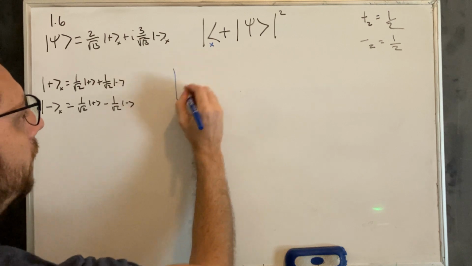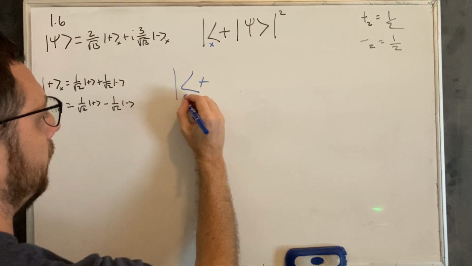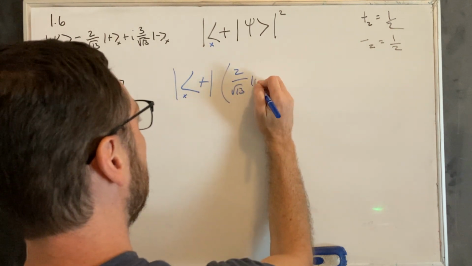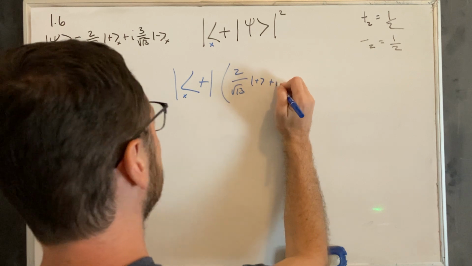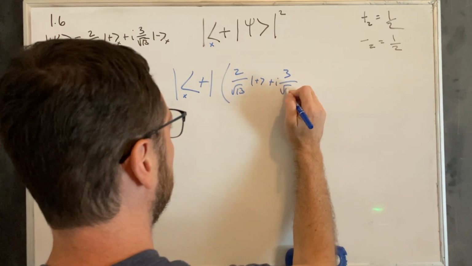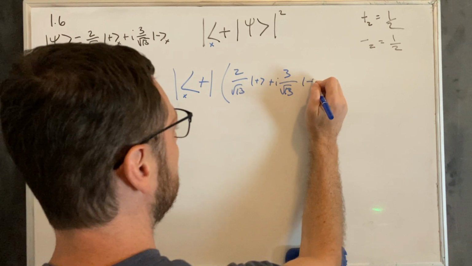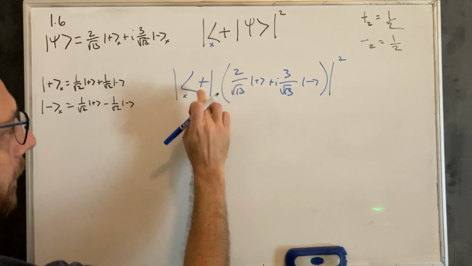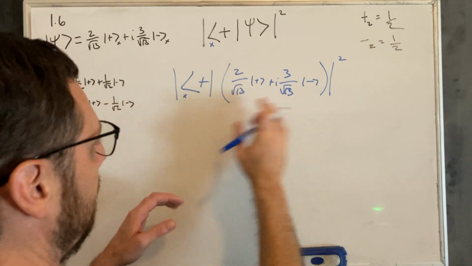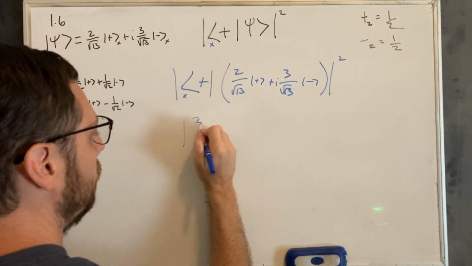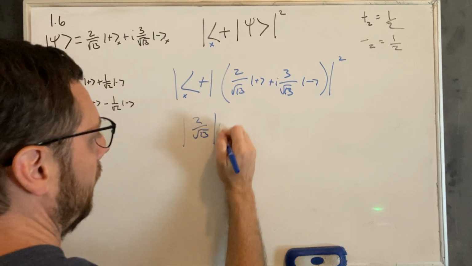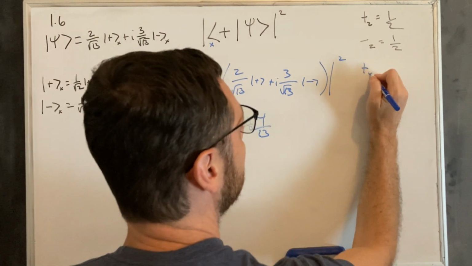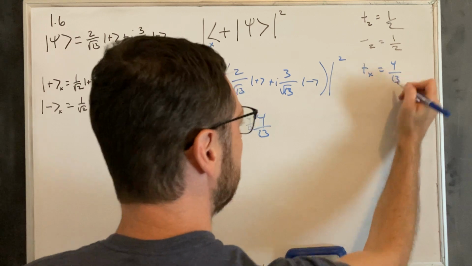And so we have up in the x times our state here, which is 2 over root 13 up plus i 3 over root 13 down. Okay. We keep the up, the plus and the plus, and then plus and minus we throw out. So we have 2 over root 13 squared is going to be 4/13. So up in the x basis is going to be 4/13.